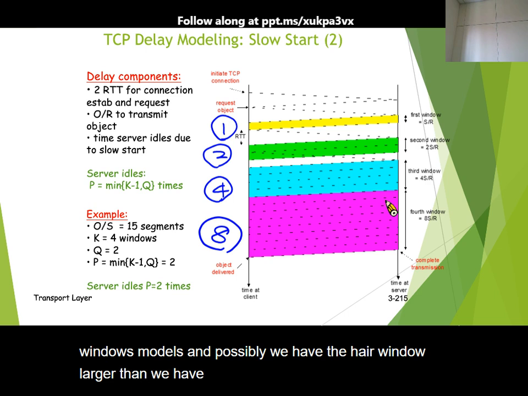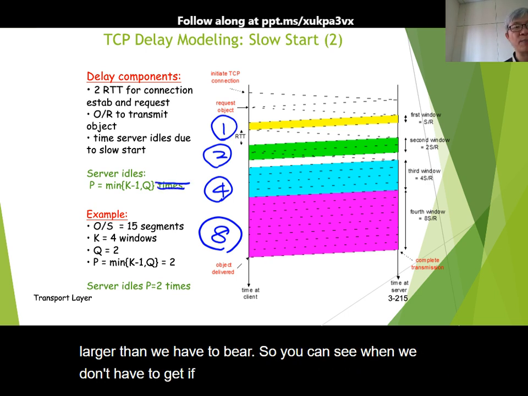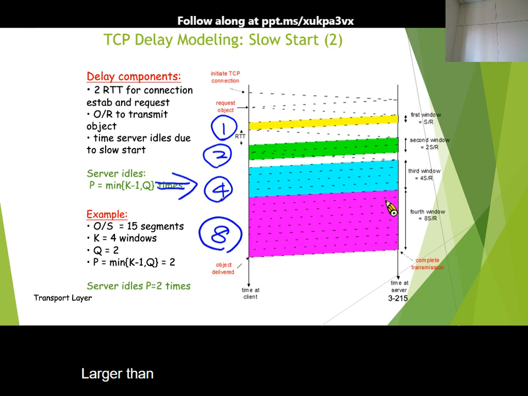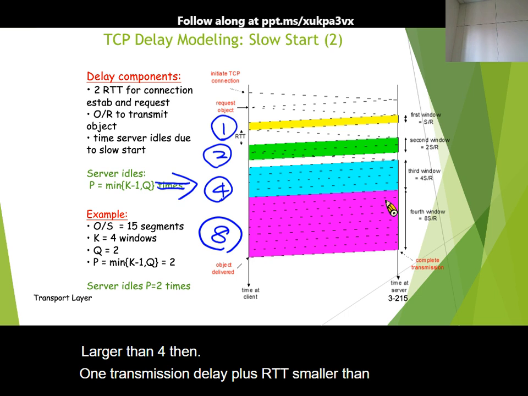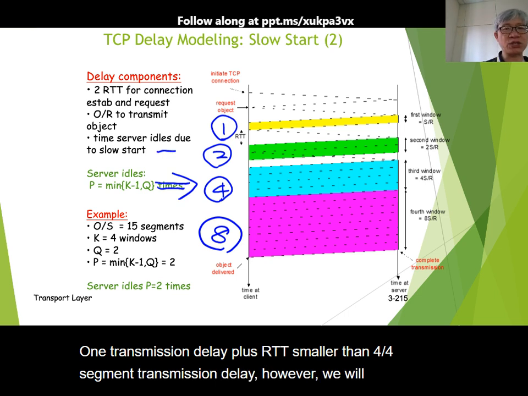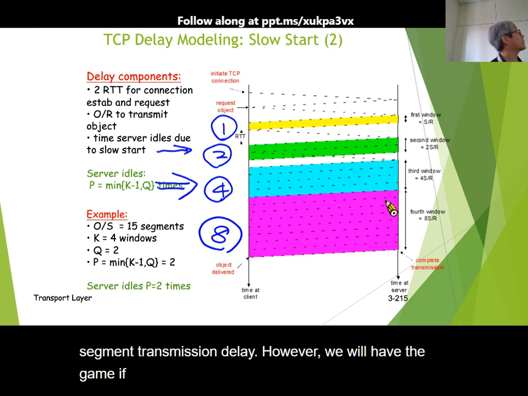So you can see when we don't have the gap. If we have the current example larger than 4, then we won't have the gap. Why won't we have the gap? Because we assume one transmission delay plus RTT is smaller than 4 segment transmission delay. However, we will have the gap if we just have 2 for the window. Here, we just have the assumption.